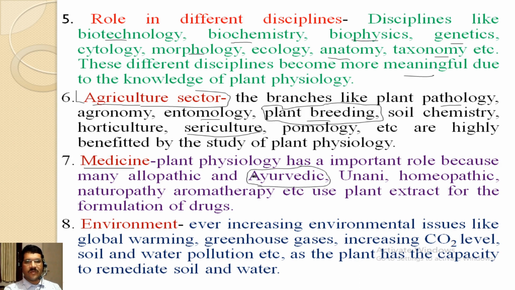To select the raw material or to identify the plant, we must take the support of plant physiology, and also to know what different essential products are present in that plant. We can get that knowledge by using plant physiology.